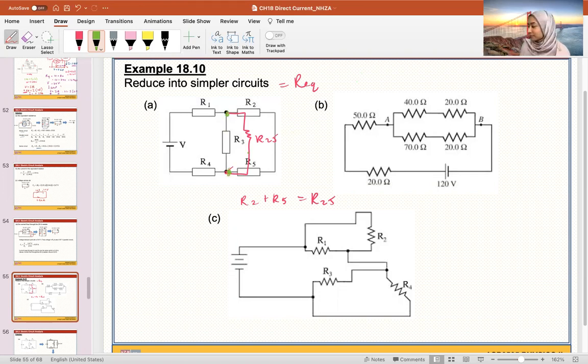He answered yes, doctor. Okay, yes, but I asked why. Because they meet at the same point. Okay, the same two points, not just one point. They meet at two points. Alright, thank you Amsha. So R3 is in parallel with R25.